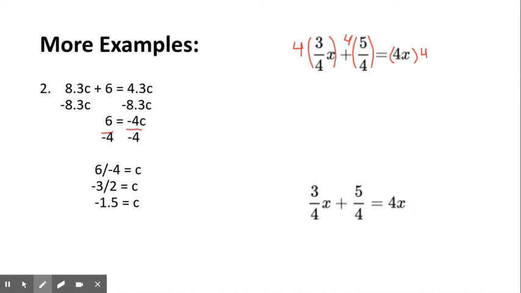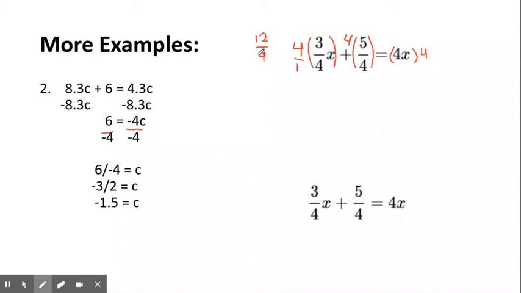When you do that, what happens? Well, for this first one here, we've seen that when you're multiplying a whole number by a fraction, you're multiplying like 4 over 1. So if we do that, 4 times 3 gives us 12. And then 1 times 4 gives us 4. So we're left with 12 fourths x.